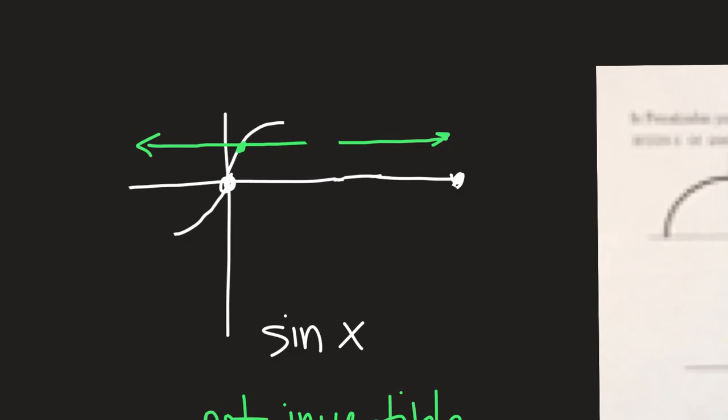If I leave my domain from negative pi over 2, by the way, or negative 90 degrees, to positive pi over 2, which is positive 90 degrees, I get all of the possible y values I'm ever going to get for sine.